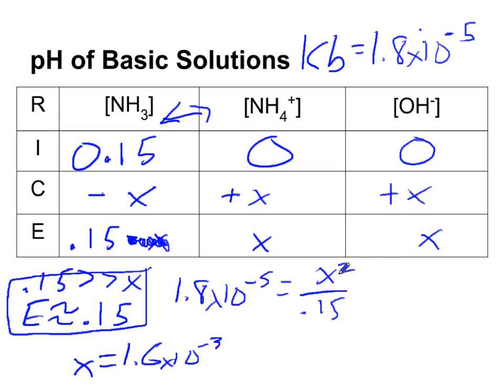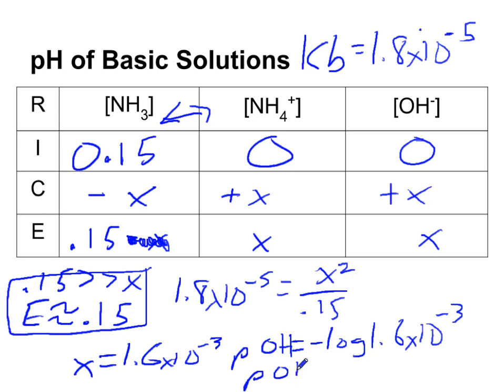We know that at equilibrium, the hydroxide concentration is 1.6 times 10 to the negative third. Well, we can find pOH by doing the negative log of the hydroxide concentration, 1.6 times 10 to the negative third. When we do that, pOH is equal to 2.78.